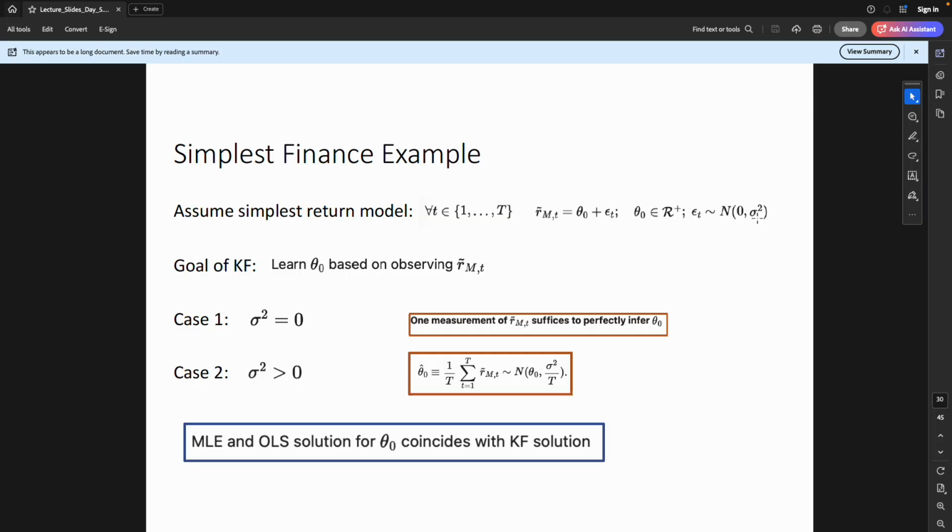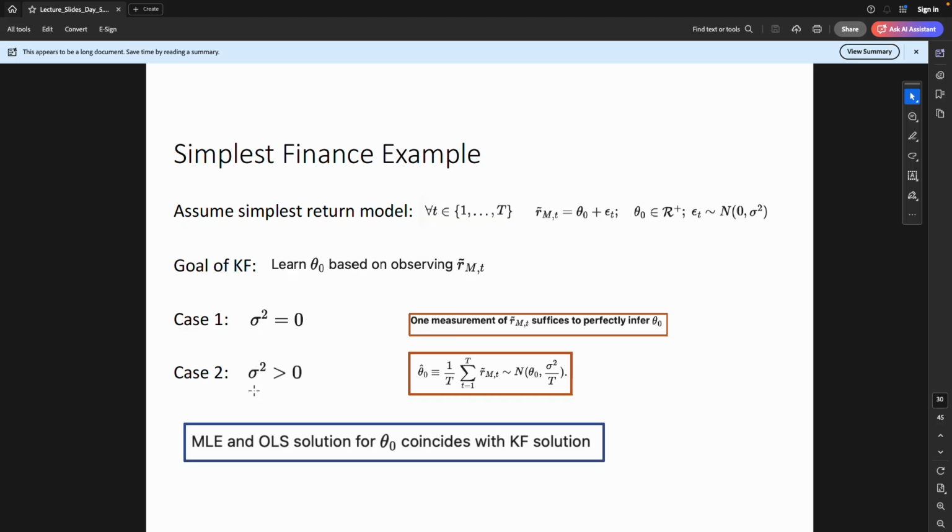Now it's not information anymore, or unpredictable news. In the Kalman engineering way, this is noise. So if noise was 0, the sensor is basically perfect, because sigma square is 0. It means the epsilon is 0. We say it's a perfect sensor because just one observation of RMT is sufficient to learn the equity premium, theta 0. So that's the best of all worlds. And in engineering, it would be the world if the sensor was perfectly precise.